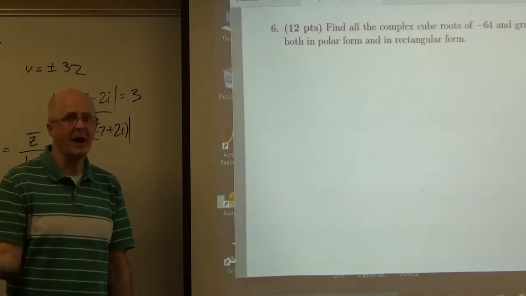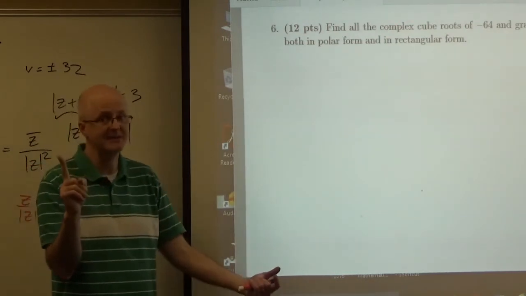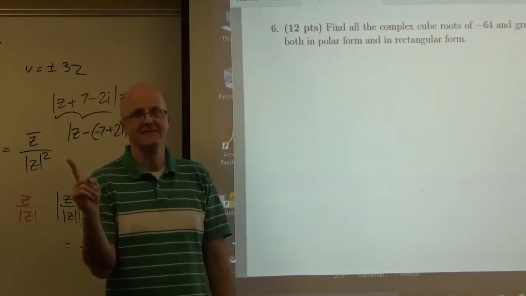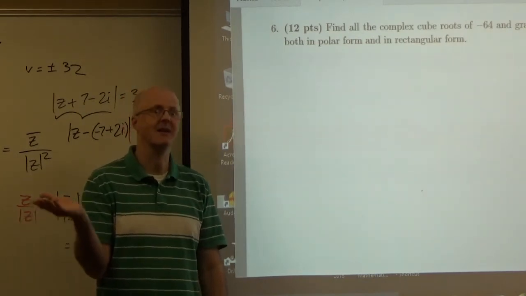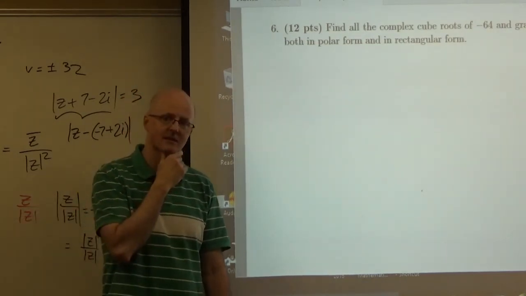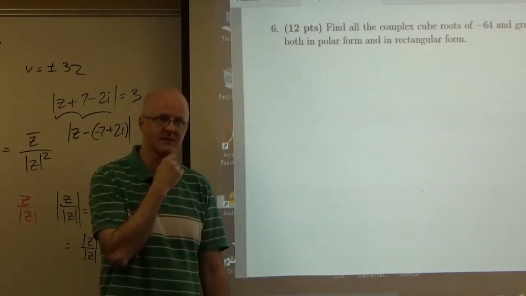So if you go back the other way, and if you're thinking of just getting one answer, the principal value, say, of a cube root, you'd have to take the cube root of the modulus and you'd have to cut the argument down by a factor of 3, right? Divided by 3.